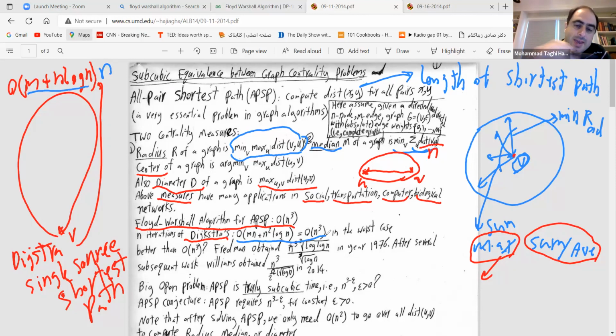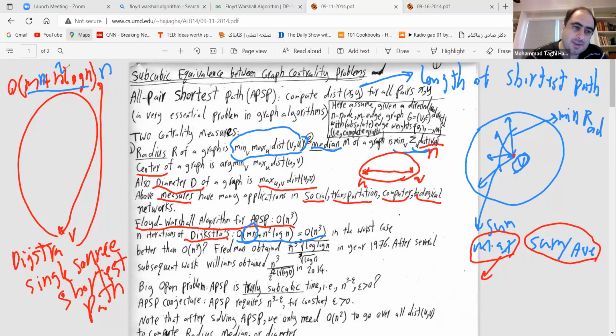Of course, m in the worst case can be n squared, the number of edges, so times n would be n to the 3. But if m is less than n squared, that is, subquadratic, then this would be a better algorithm because it is m times n.